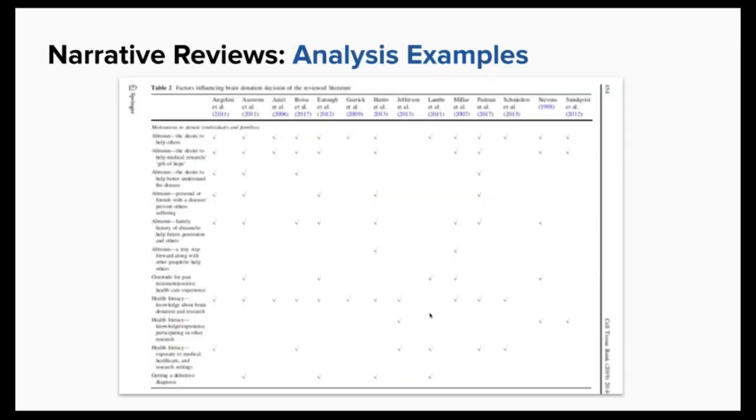Otherwise here, I'm staring at this and I'm trying to figure out where are the most check marks. Probably health literacy down here, altruism. Again, you can see how this is harder for the reader. So depending on your topic and what you're finding and what the goal of your review is, think critically about how to visually display that information to your reader.